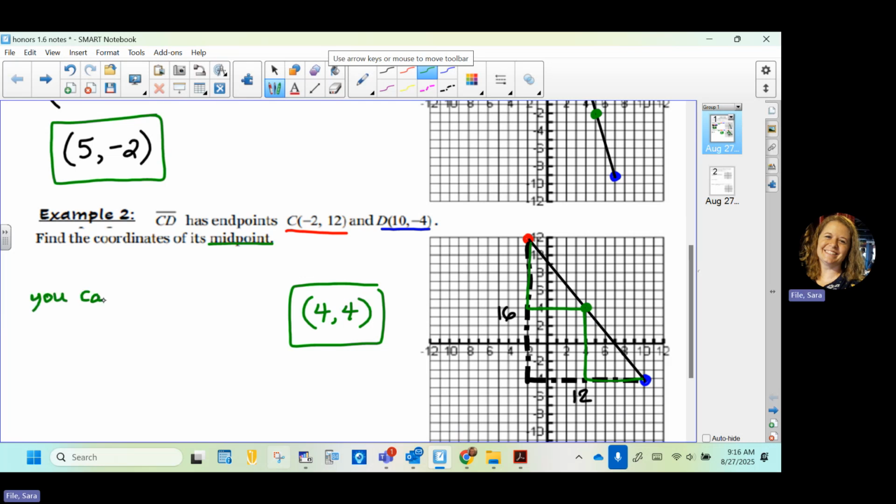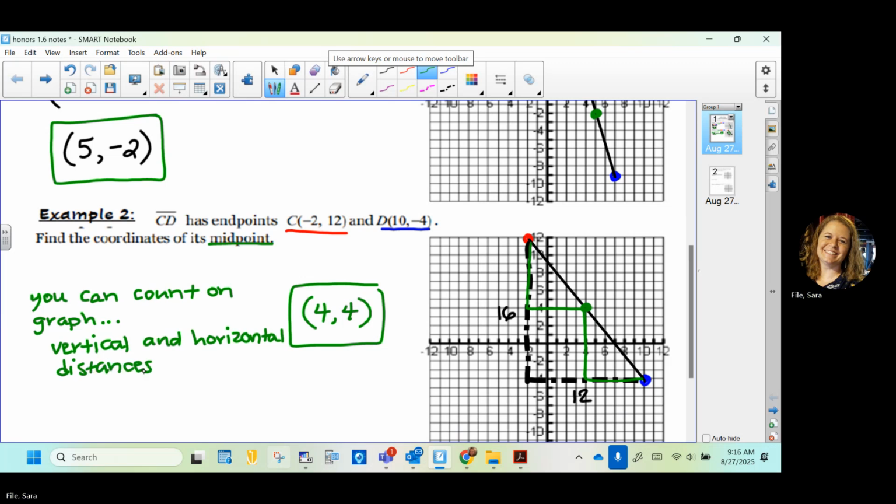You can count on your graph the vertical and horizontal distance and cut in half. Find midpoint.